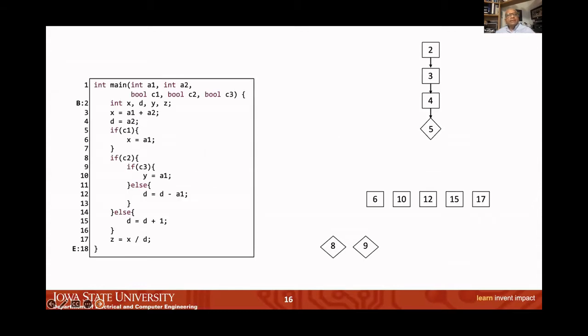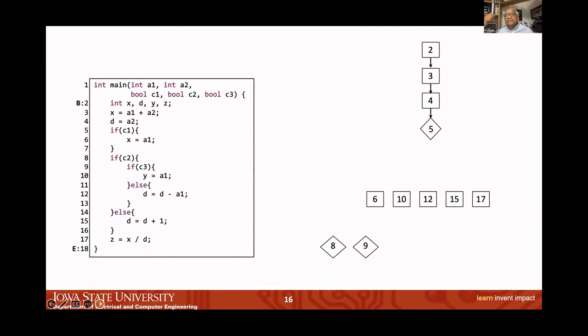So again, let's go back to this small example. We have these statements here, which I've shown as squares or diamond shapes. The diamond shapes are for the conditional statements. So we have 3 conditional statements at lines 5, 8, and 9. If it is not a conditional statement, there is a unique next statement to execute. But if it is a conditional statement, there are 2 possibilities. So it's a binary relation.